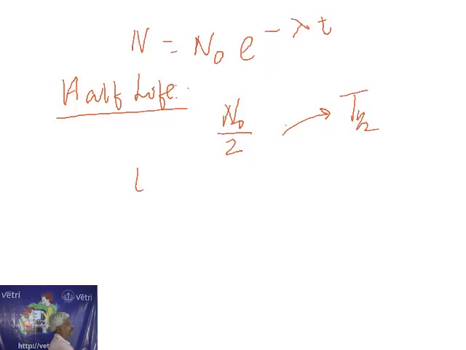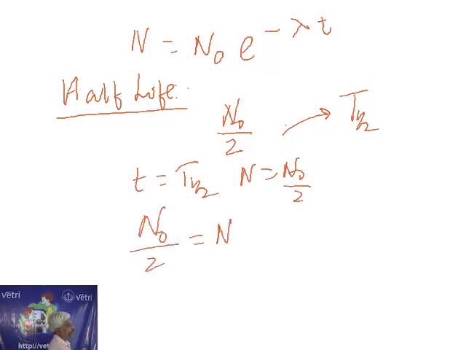Therefore, when t becomes half-life, N becomes N naught by 2. Substitute that: N naught by 2 is equal to N naught e power minus lambda T half. So N naught gets cancelled and taking the reciprocal, e power plus lambda T half is equal to 2.